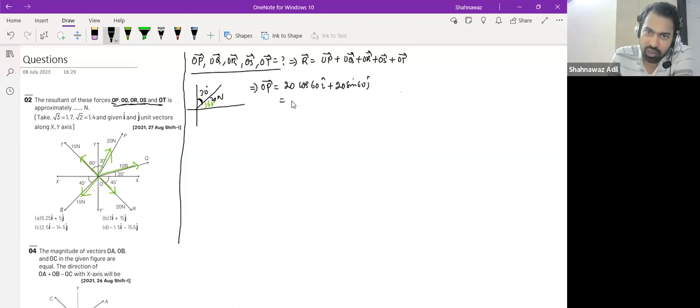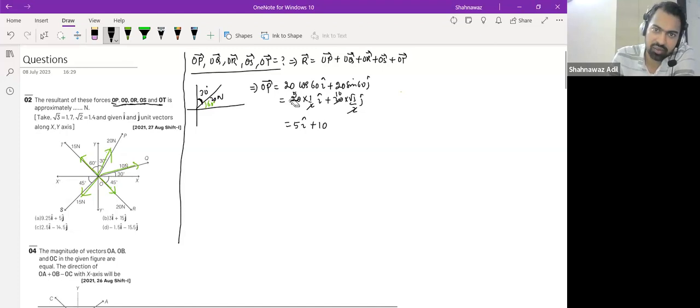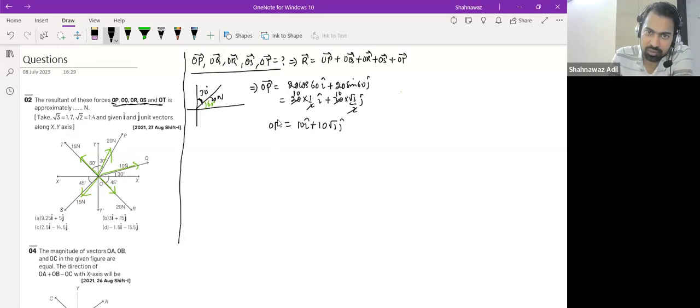So this would be 20 times half i hat plus 20 root 3 by 2 j hat. So 10 i plus 10 root 3 j. So this is the OP vector.